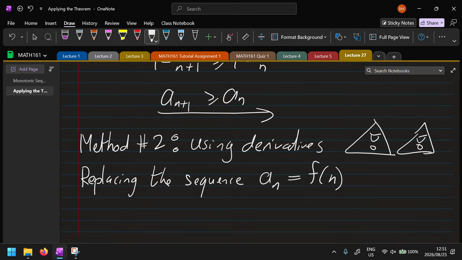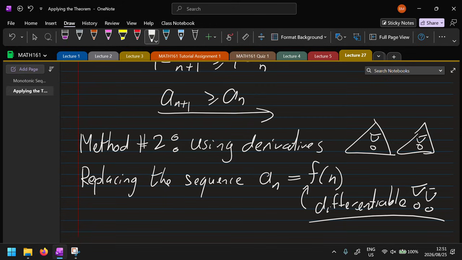Very similar to what we did last time, where we replaced the limit with n with the limit with x. Differentiable. If it's not differentiable, you can't do the derivative, and this doesn't work.